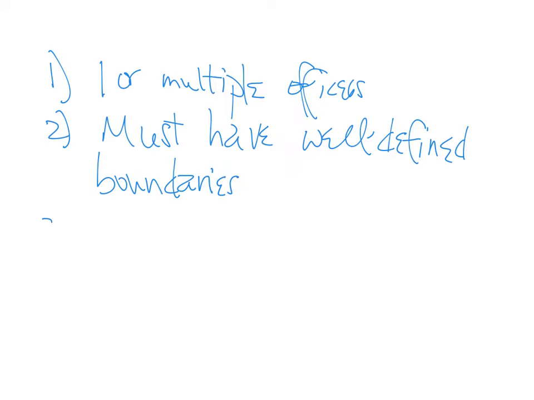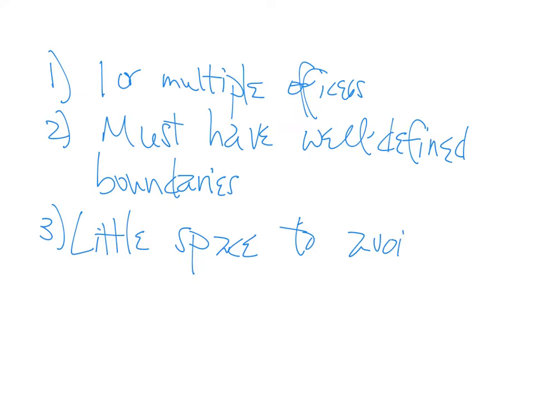And then a third thing is you want to eliminate the space between investigators or between strips. Okay, so you want as little space between strips as possible, because otherwise, you're going to end up overlooking evidence.